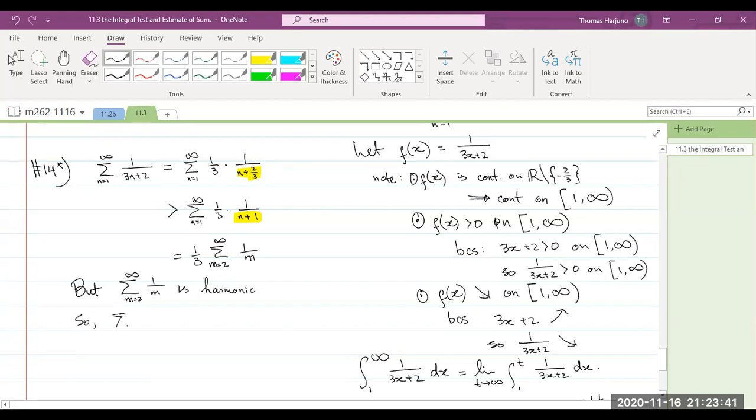So the original series, which is greater than the last one, the harmonic, is divergent. You bound it below. Okay, that's for number 14.